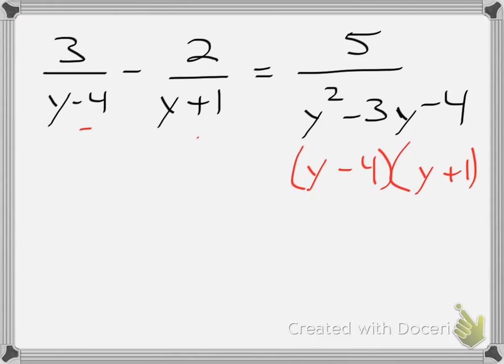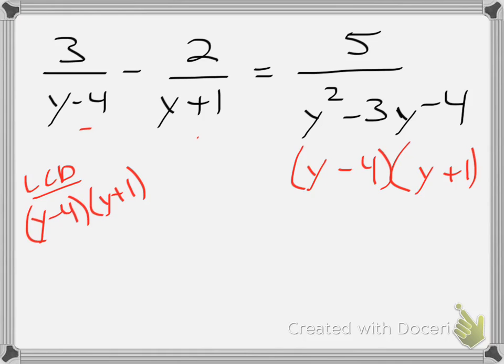From this, I can determine that my least common denominator for my whole expression is those same factors, y minus 4 and y plus 1. Once we have this, the most effective way of getting rid of our denominators is to multiply through so that they will eventually cancel out. Now to make that simple, what we can do is this.